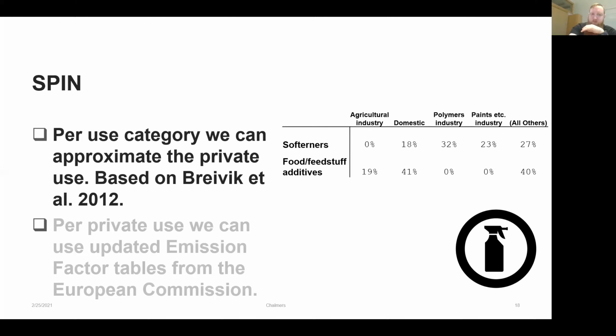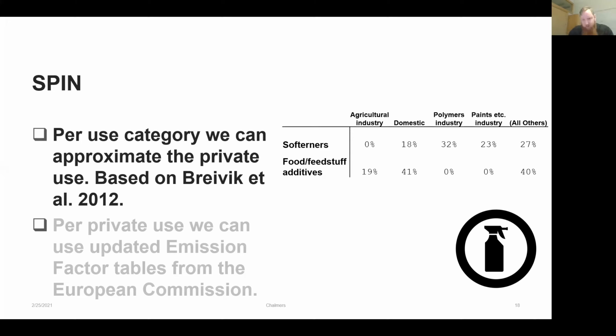So for instance, if you know that a compound is used as a softener, you can then guess, I guess is the fair assumption or fair word to use here, that 0% of that is used in an agricultural industry, while 18% is used in a domestic setting, which is what we're looking for. 32% is used in the polymer industry, and then that kind of table goes on in the other direction here for approximately 15 sectors, which can be associated with the different uses.